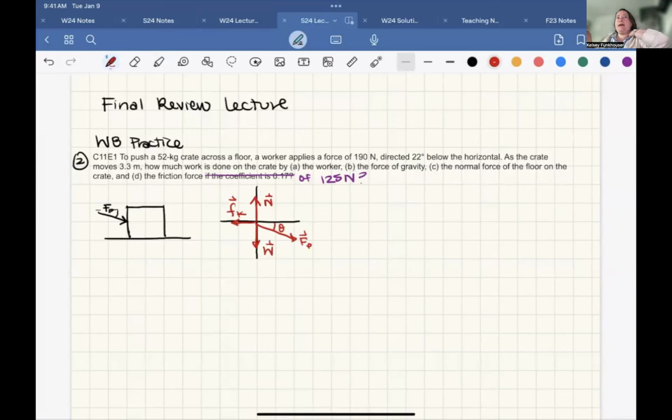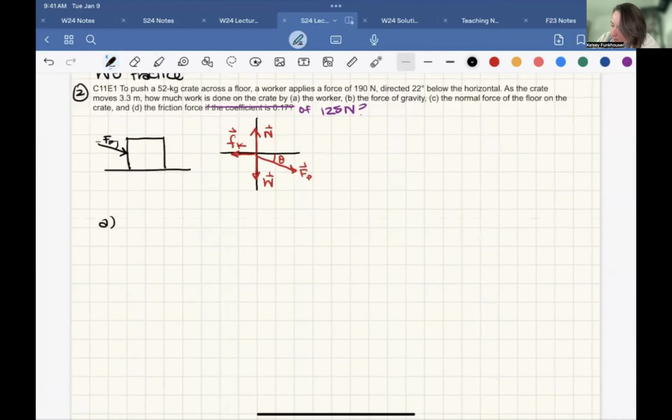Then part A asks for the work done by the pushing force. For this, we want the parallel component of the force. The motion is just along the floor, so we want the component of the force in the positive x direction, which is just the pushing force times cosine of the angle, because it is the side that's adjacent.